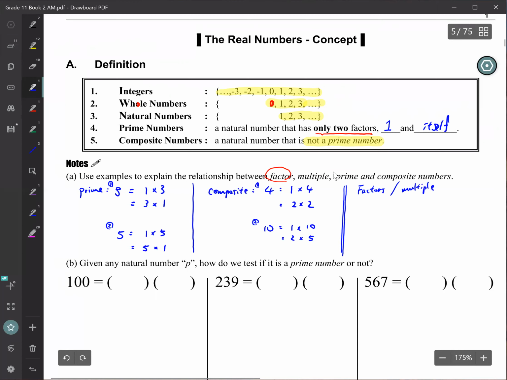For example, let's use 10 again. 10 is 2 times 5. So these numbers here are called factors. And the 10 will be called a multiple.